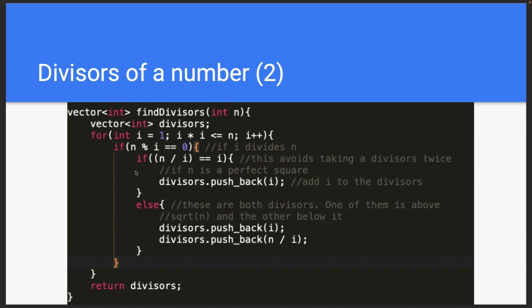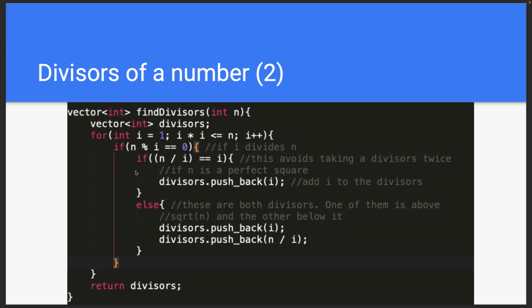For example, the number 20. Whenever we divide 20 by one of its divisors, one of the two dividends will always be either below or above the square root. For example, if we divide 20 by 4, we know that 4 is below the square root of 20, but 5 is above the square root of 20.